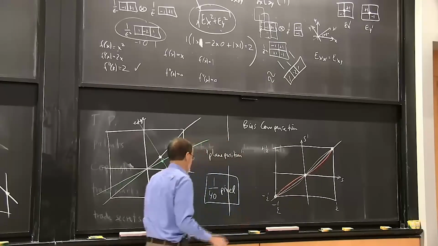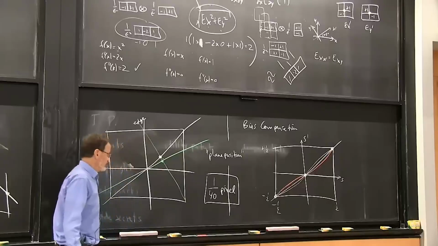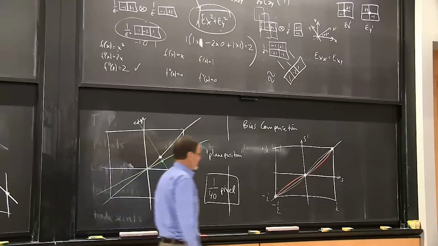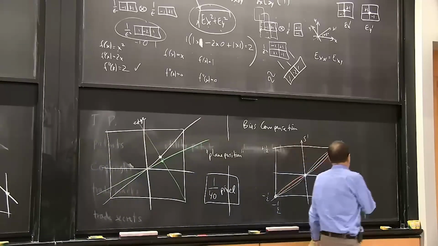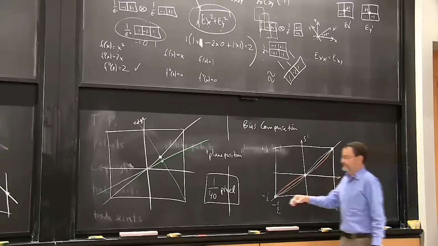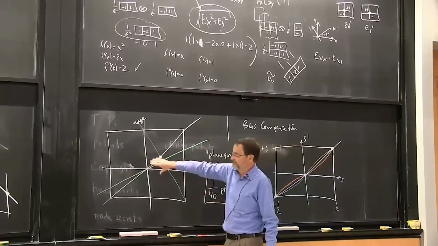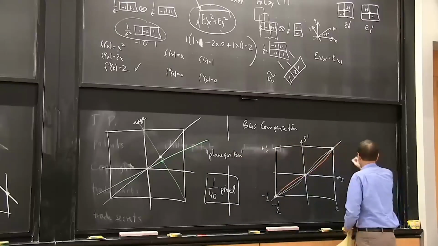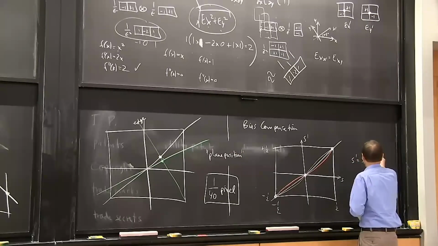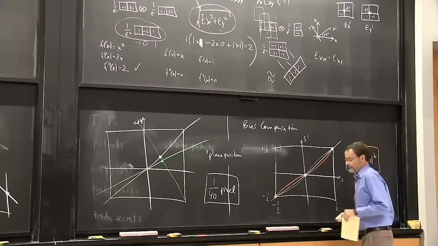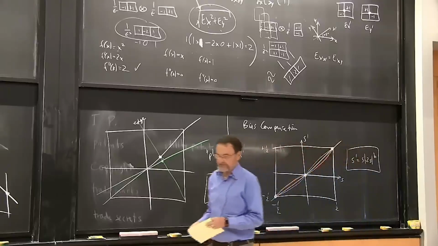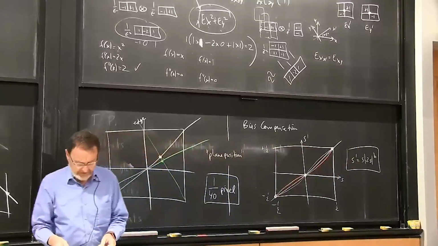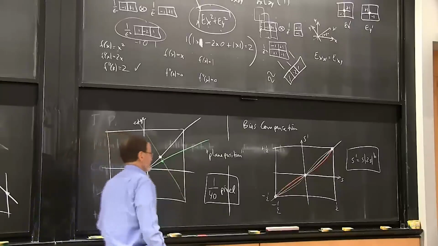So, if you think about it, that's quite amazing that you can do that. One part of it is this plane position correction, and one part of it is this. And so what is done is to approximate whatever that shape is with this function.